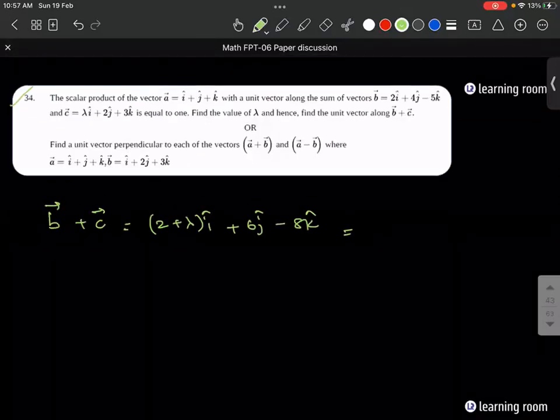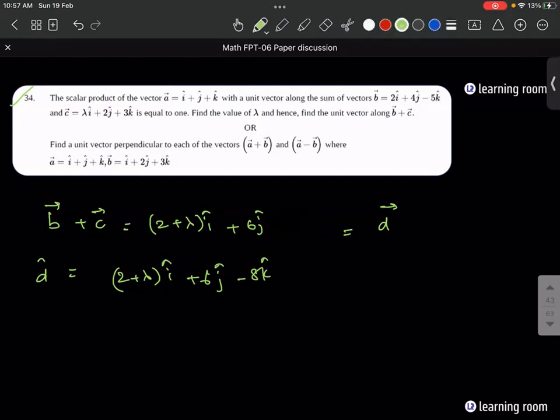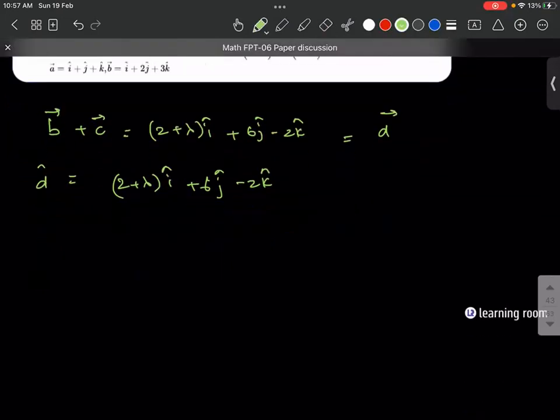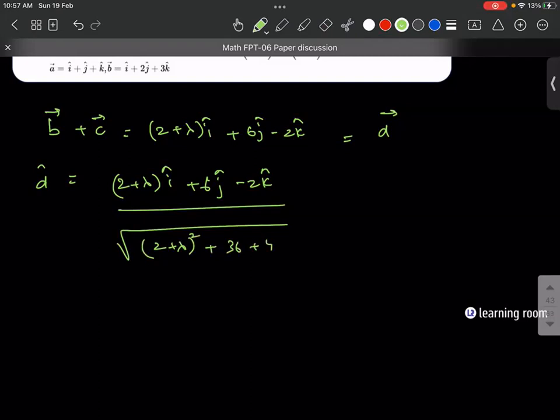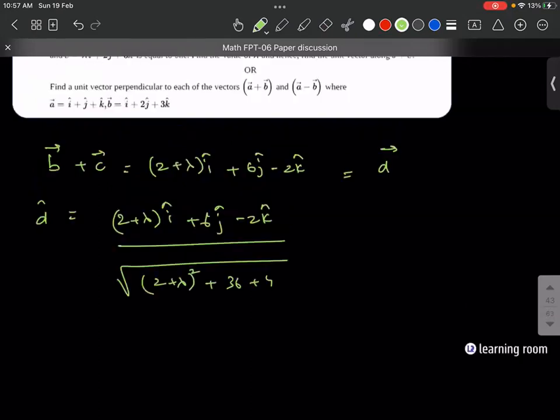So if I call this, let's say, d as a vector, then d cap will be equal to (2 plus lambda) i cap plus 6j cap minus 2k cap, divided by square root of (2 plus lambda) the whole square plus 36 plus 4. So this is d cap.